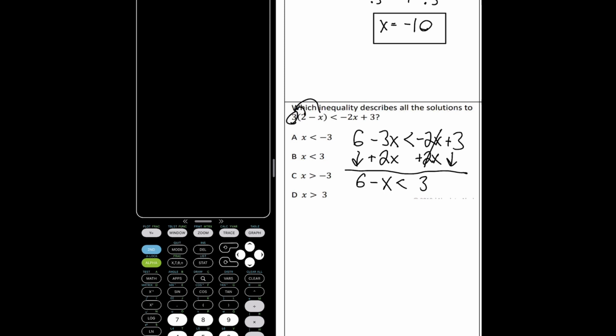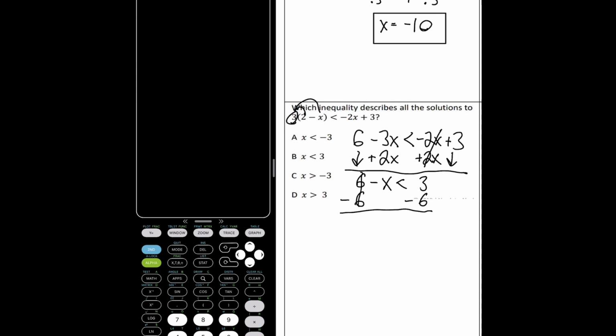I have a 6 on the left-hand side of my inequality sign. I want to move that to the right, so I am going to subtract 6 because this is a positive 6. So I'm going to do the opposite sign. I'm going to subtract 6. What I do on one side of the inequality, I must do to the other, so minus 6 on the right side of the inequality. My 6's on the left side, 6 minus 6, that's 0.